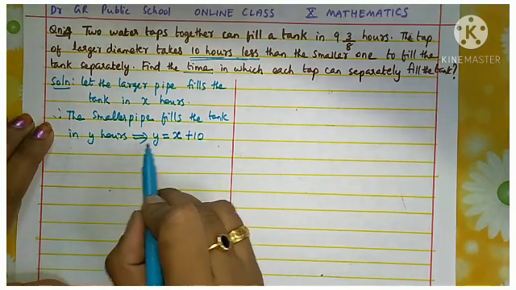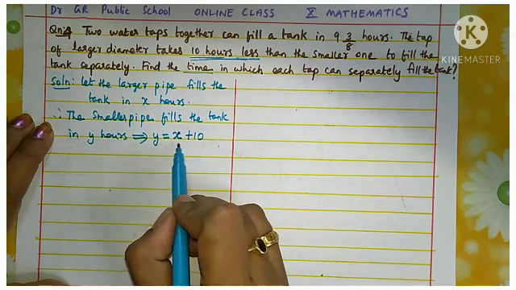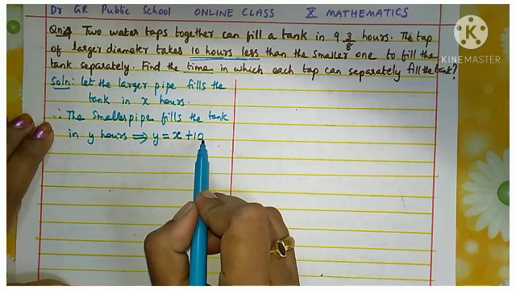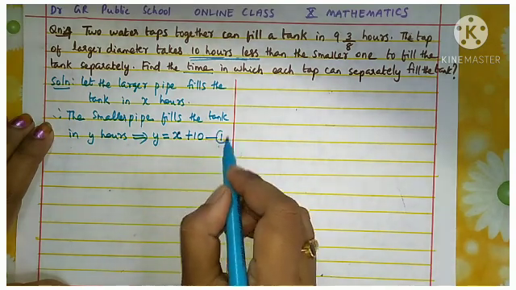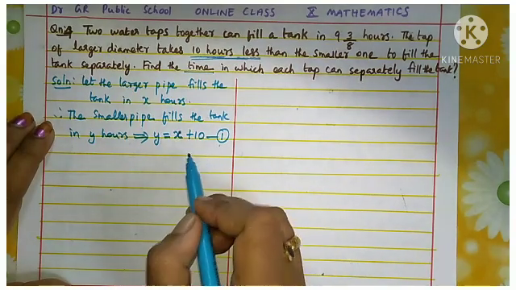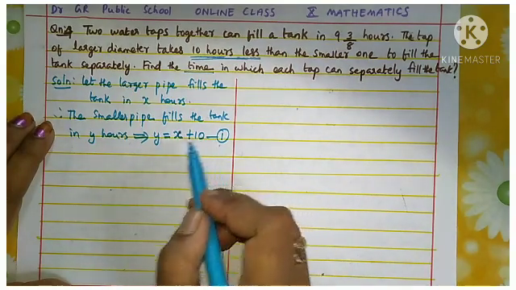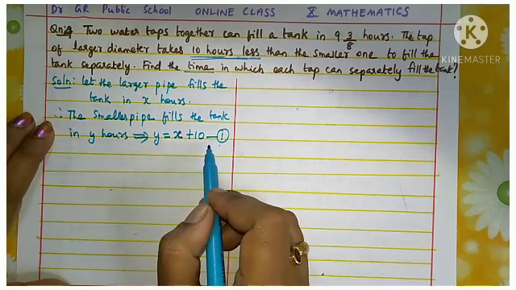So y hours means the smaller pipe is taking 10 hours more than the larger pipe. So we got the first relation here.